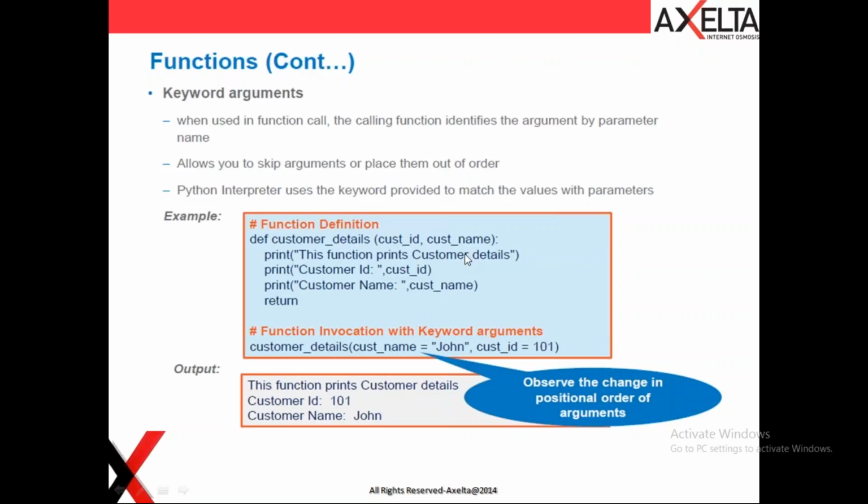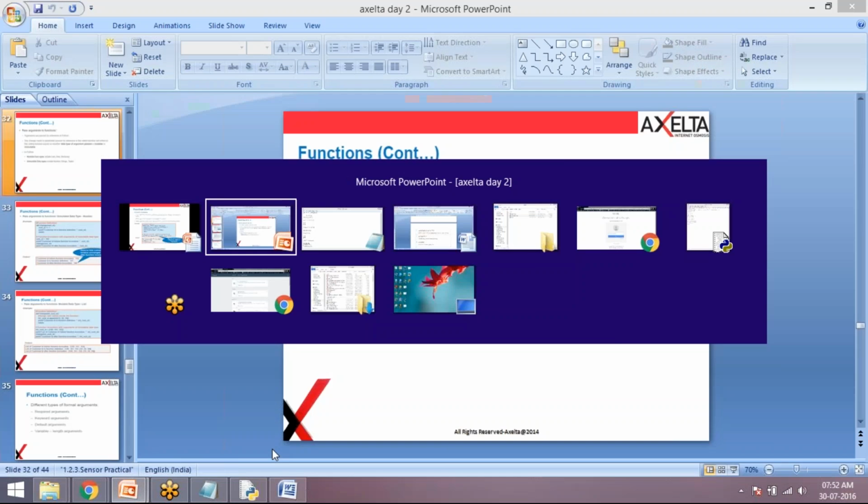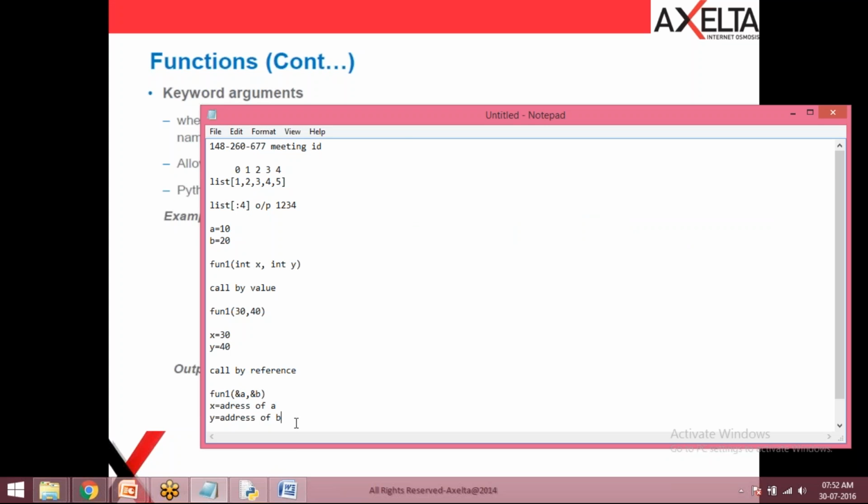In a function, if the first argument is str1 and the second argument is str2, suppose you are passing some values to that function, then what happens? I will show in the notepad. Okay, see here. Check once here.